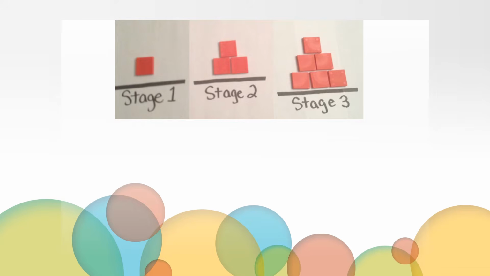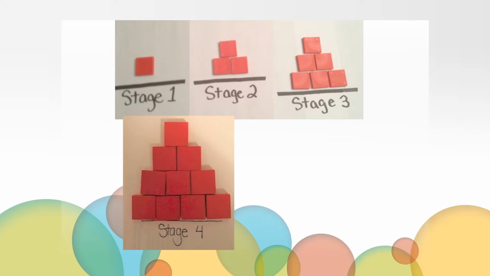Let's check and see how many are in stage 4. 10 tiles. Now that we know this, do you need to revise your thinking for stage 5? I'll give you some time to think about how many tiles are in stage 5 now that we know there are 10 in stage 4.